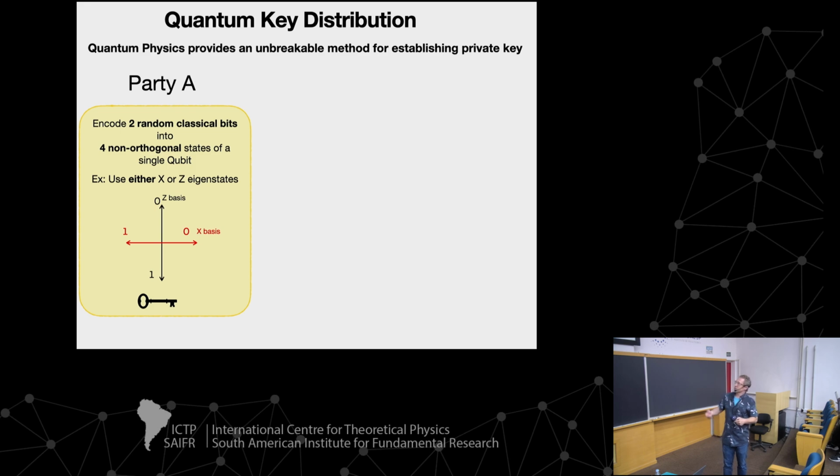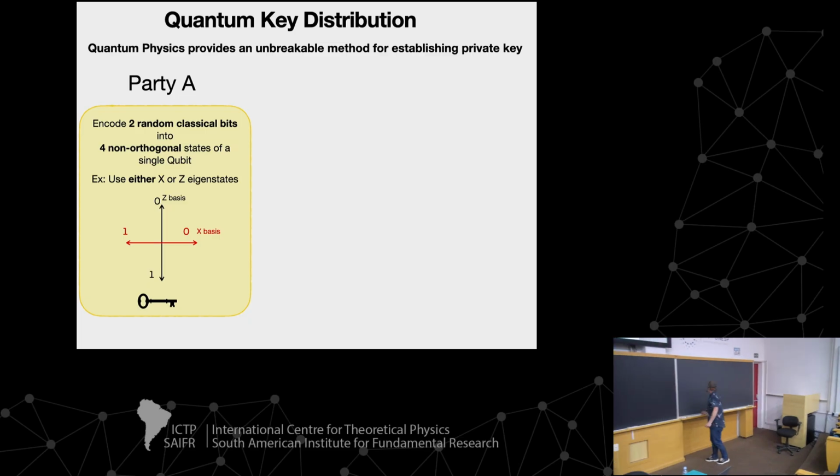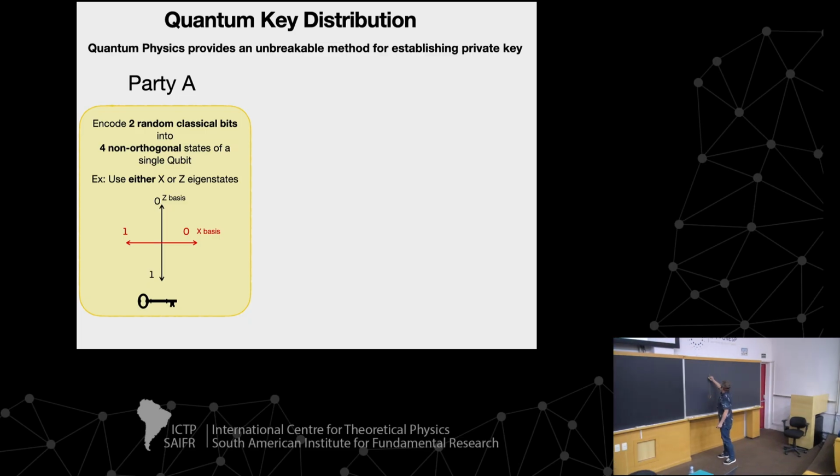I drew this kind of poorly, so let me take advantage of the blackboard here. You might say, if I have the Z basis and the X basis, and the 2 random bits are 0, 0, I'm going to encode the plus Z eigenstate. If it's 1, 0, I'm going to encode the minus Z eigenstate.